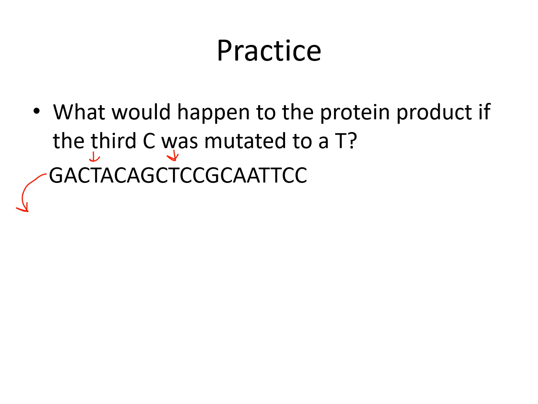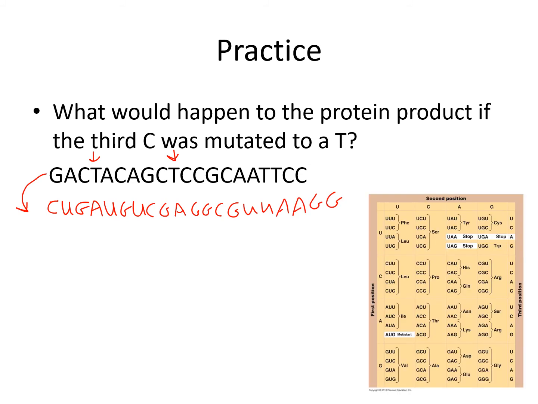So use complementary base pairing. So this G would pair with a C, A would pair with U. Remember, you're transcribing into RNA, then G, then A, U, G, U, C, G, A, G, G, C, G, U, U, A, G, G. And then of course you need to determine what the protein product is.